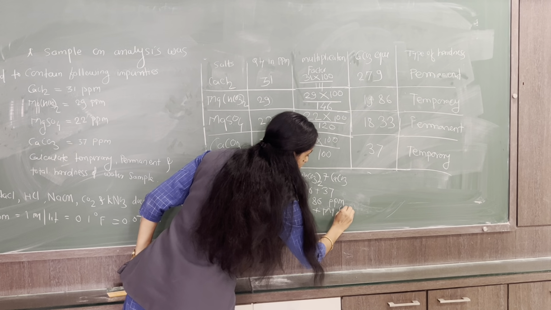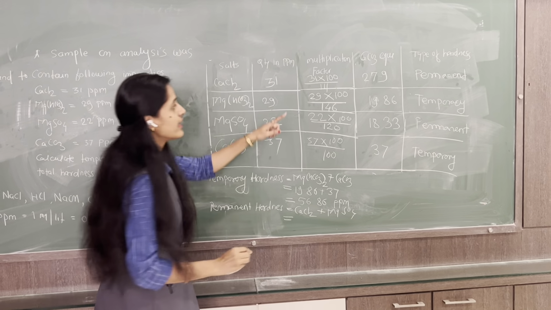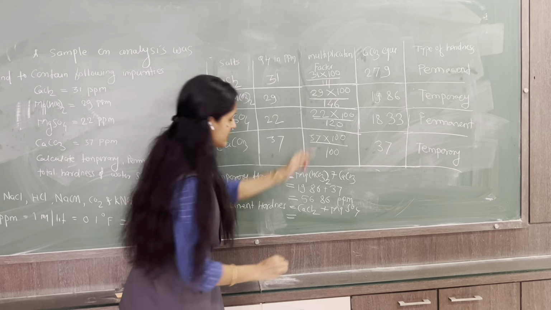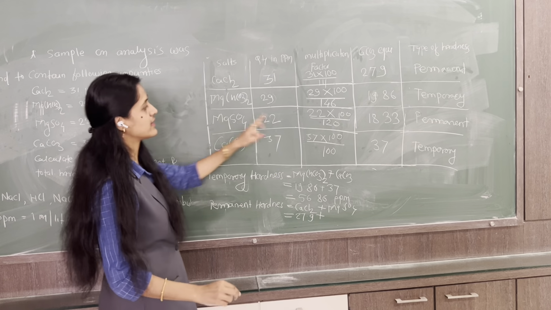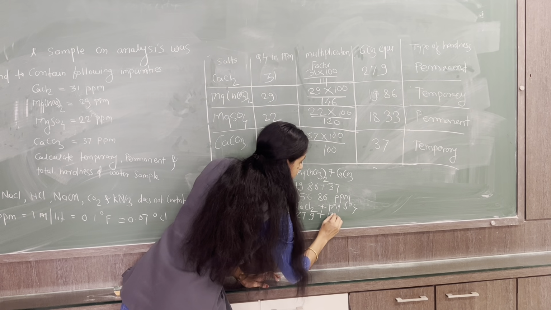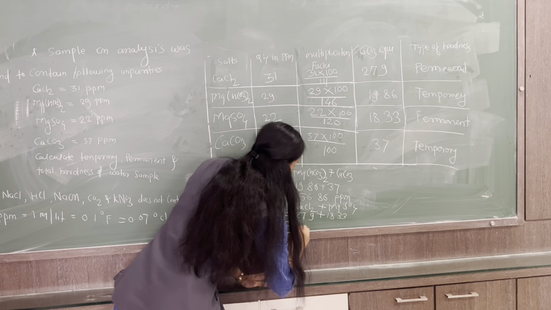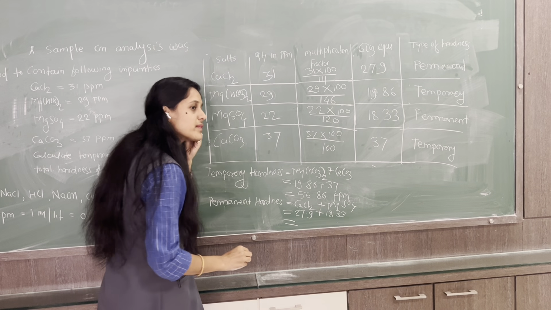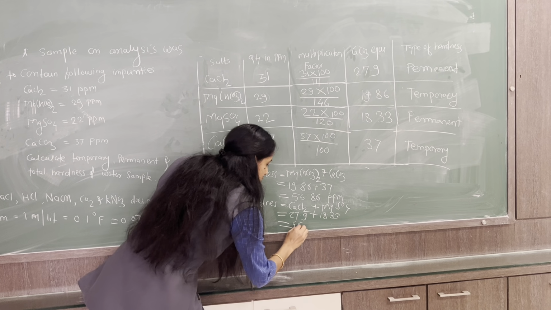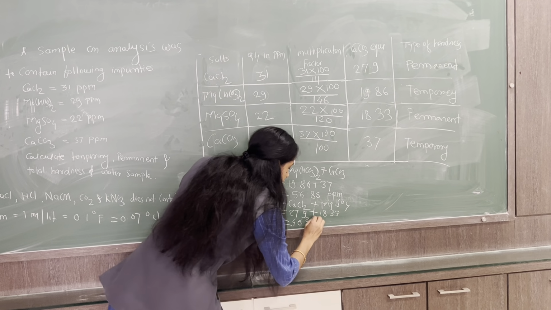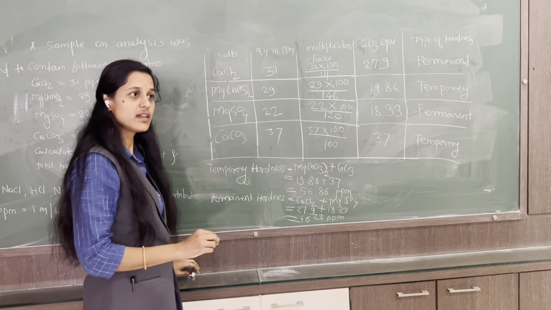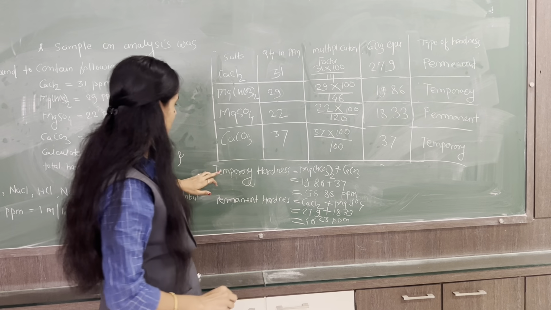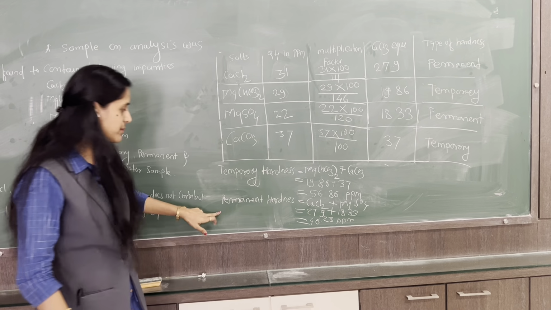So CaCl2 hardness is 27.9 and MgSO4 hardness is 18.33. Now what is the total? 46.23 ppm. This is how we have calculated temporary hardness and permanent hardness.